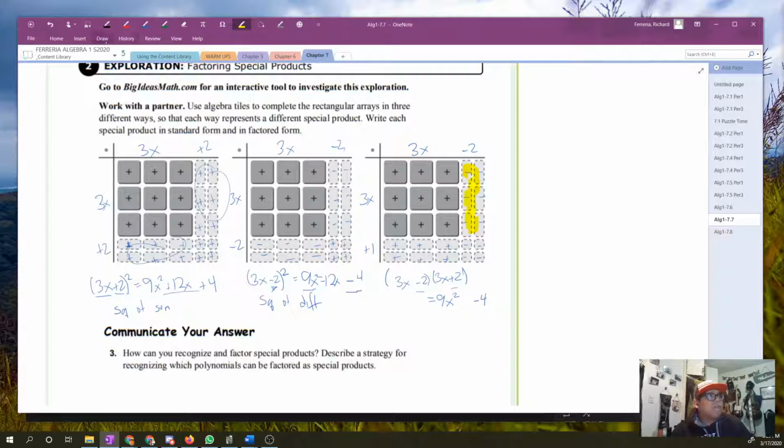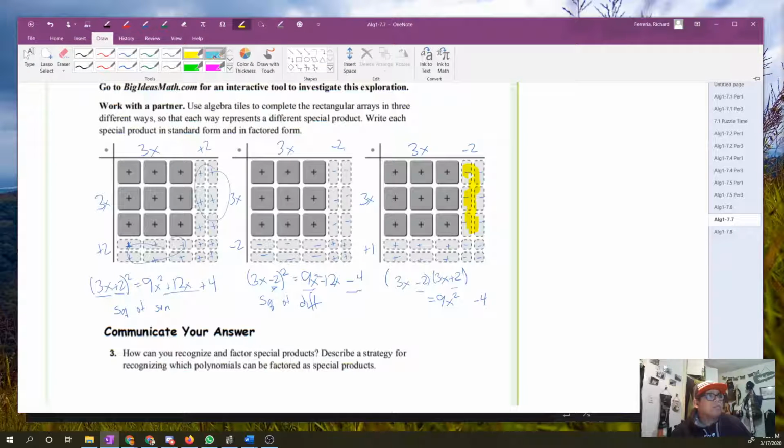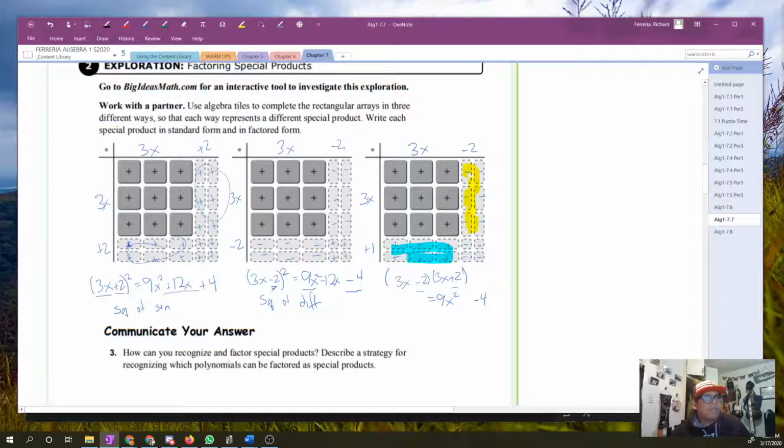These are all negative. We got 6 positive tiles and 6 negative tiles, so they form a 0 pair, which means that I could write a plus 0x if I really chose to. I could put a plus 0x, but who really wants to put a 0x?